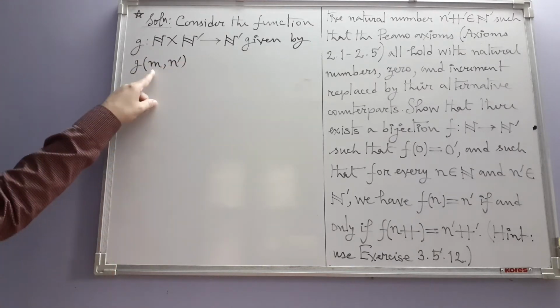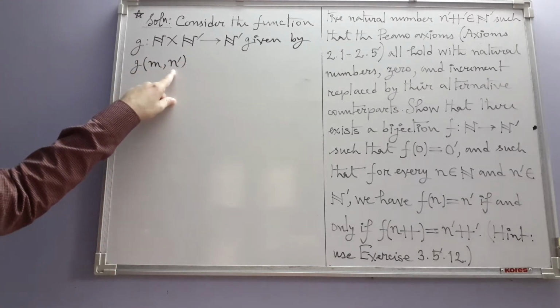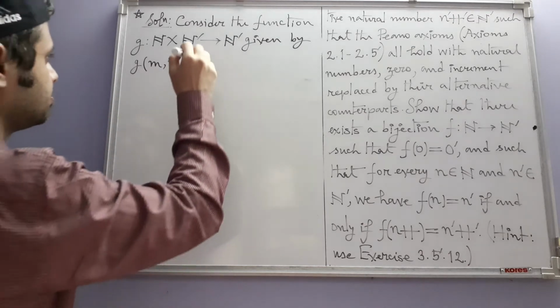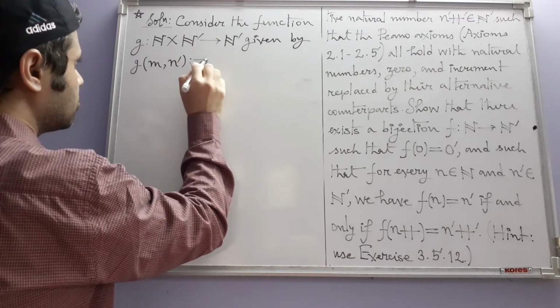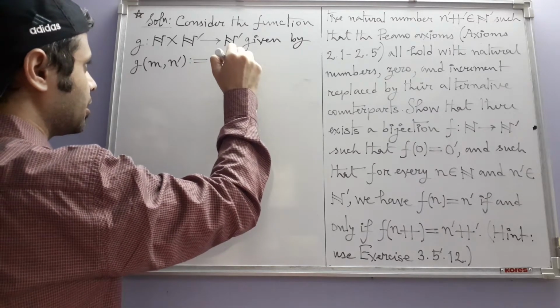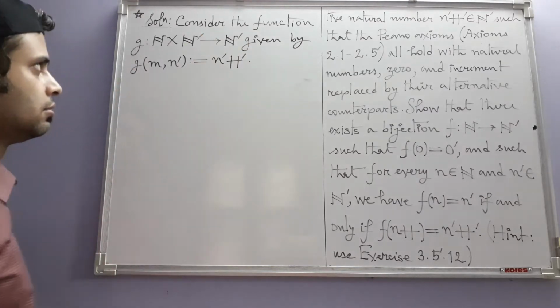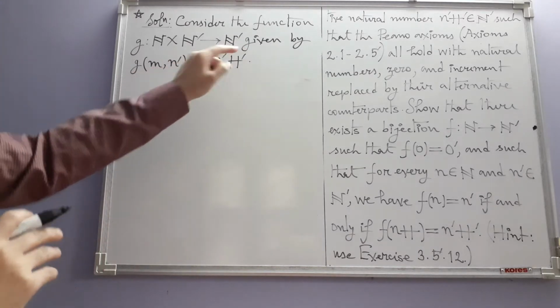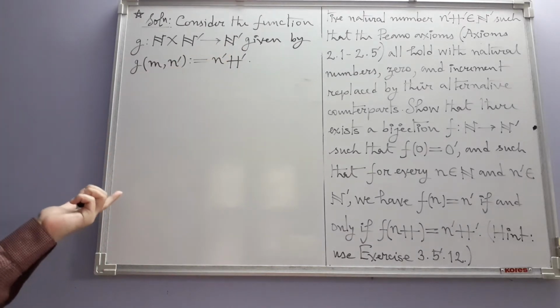Keep in mind, m is an ordinary natural number and n prime is an alternative natural number. This is equal to the successor of n prime in the alternative natural number system. So this function is well defined.